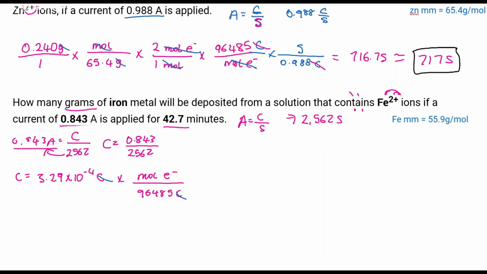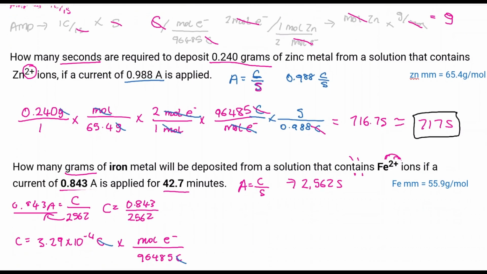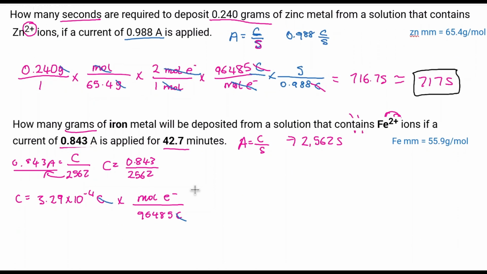And now with moles of e, we transfer it to regular moles, and to transfer it to regular moles, you put moles of e at the bottom, so it's regular moles at the top, 1 mole of iron, and each mole of iron has 2 moles of electron because it's a +2 charge. So you divide it this time.